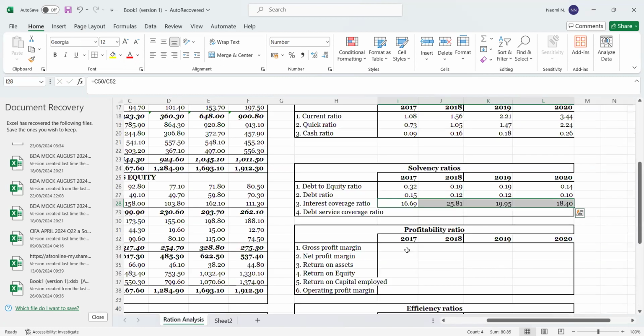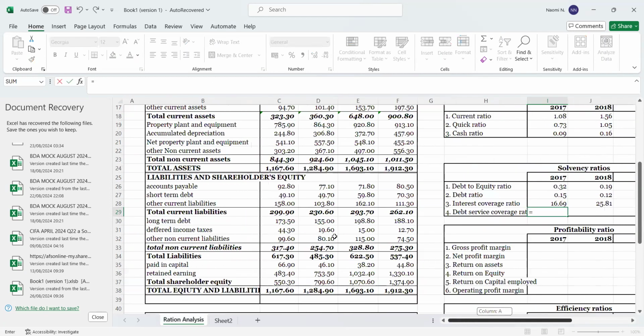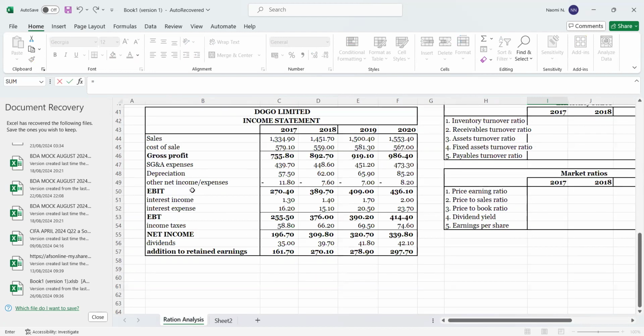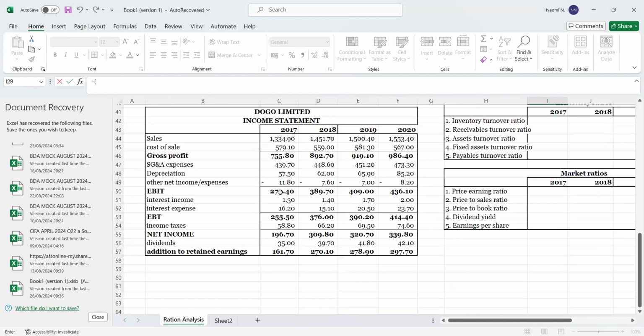So when it comes to calculation, this is how we will calculate it. It's equal to earnings before interest and tax, in brackets, then we add back whatever we had subtracted, and that is depreciation.